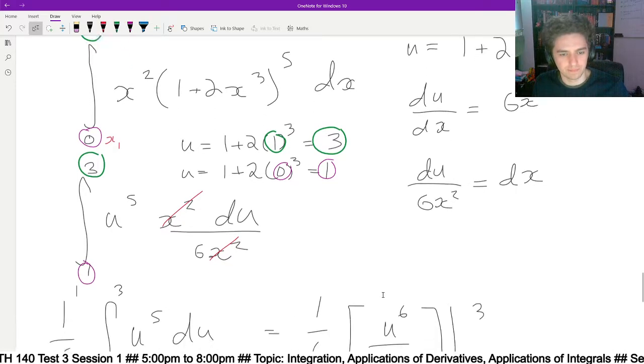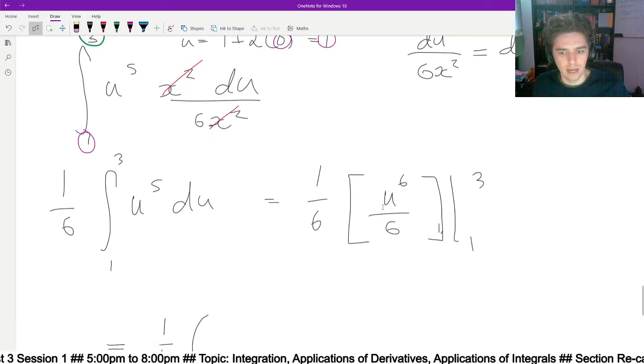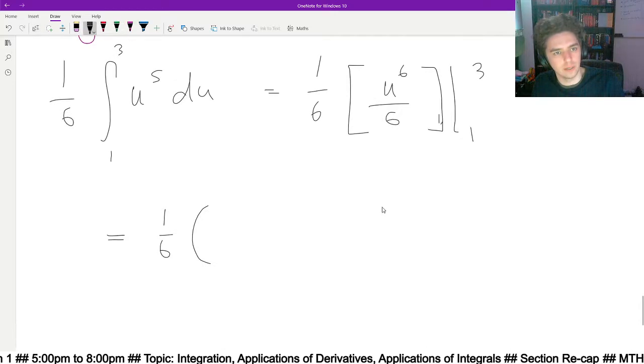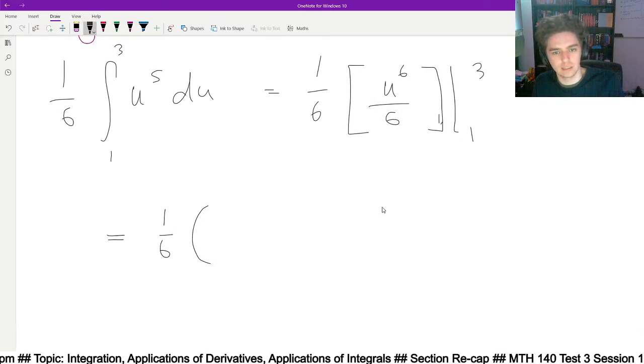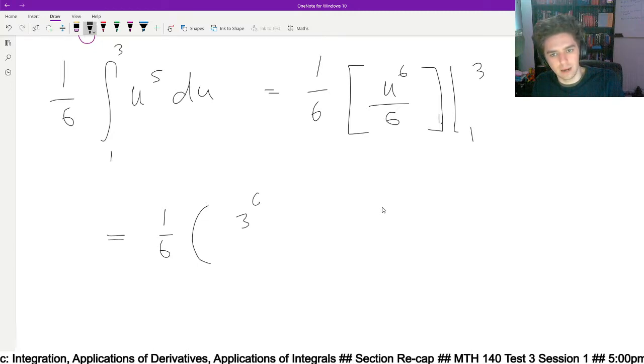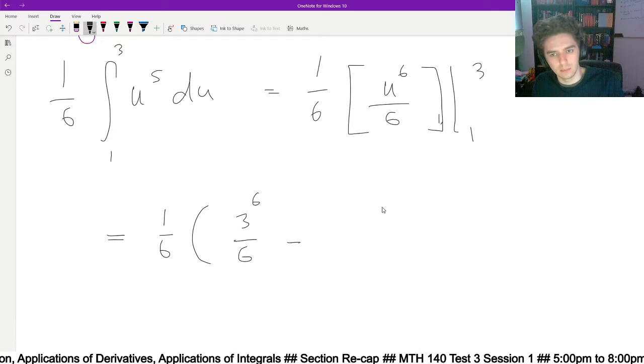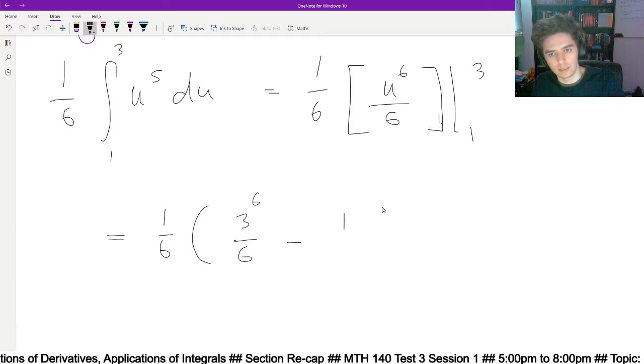No problem. Okay. And then the last step is to actually do it, right? So don't put in the u from before. We just look at this. So we just say 3 to the power of 6 over 6 minus 1 to the power of 6 over 6.